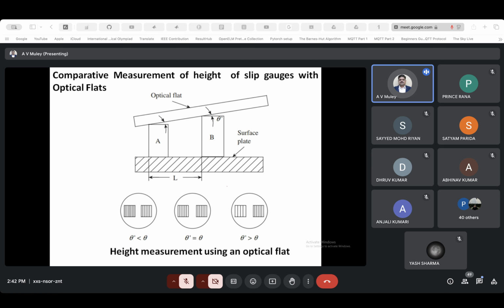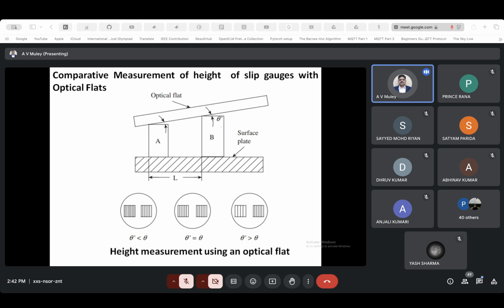So look at the comparative measurement of height of slip gauges with optical flat. तो ये जैसे मान लो, look at this particular one, ठीक है ना, A और B. ये सरफेस फ्लैट है, ये ऑप्टिकल फ्लैट है, ये आपकी for example reference कह लीजिए उसको, that is called as masterpiece या स्लिप गेज है, ये जिसका मेजर करना वो है.